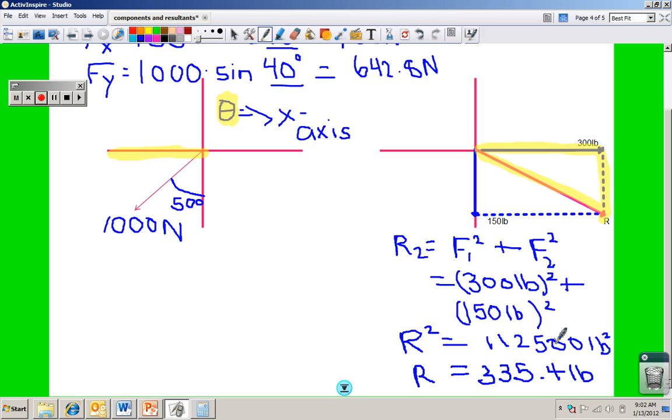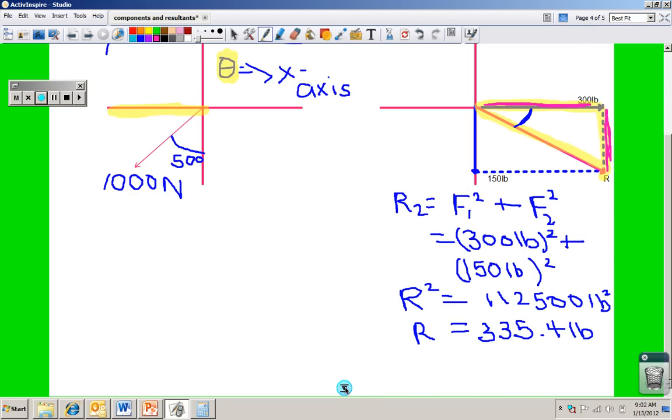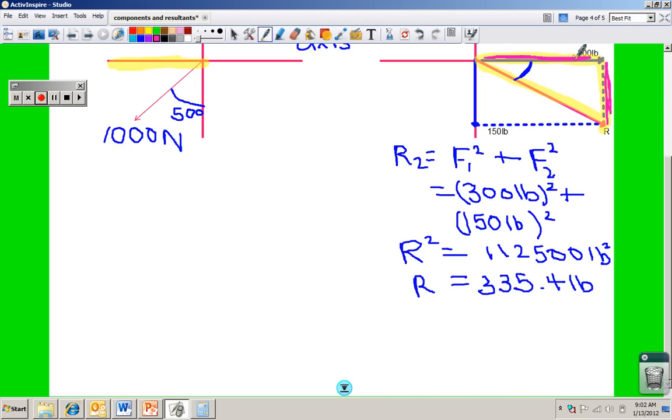Okay. Alright, now if we look back, we said for a vector we need a magnitude, which we have, and a direction. So we need the angle here. If I look at this triangle, I can use my regular trig relationships, and I know that the length of this side of the triangle is my 150 pounds, and the length of this side of the triangle is 300 pounds. So if we use our trig relationships, what relationship do we have that relates the opposite and the adjacent?